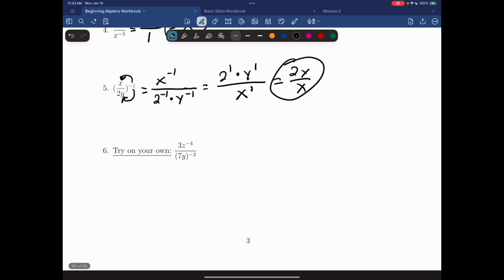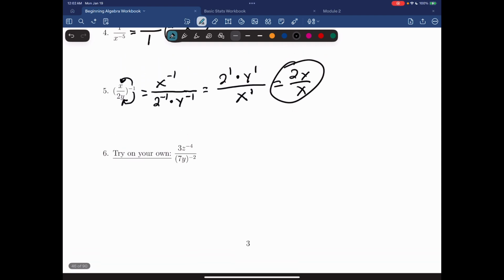Alrighty. And for the final example in this section, I encourage you to pause the video and give this a go. And assuming you've worked through this example, let's go through this. So we have 3 times z to the negative 4th power all over 7y all raised to the negative 2 power.